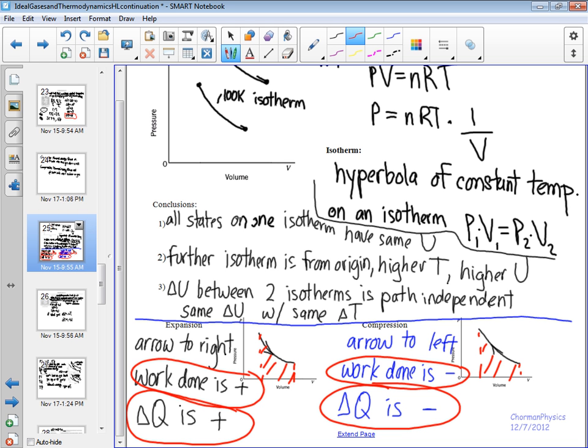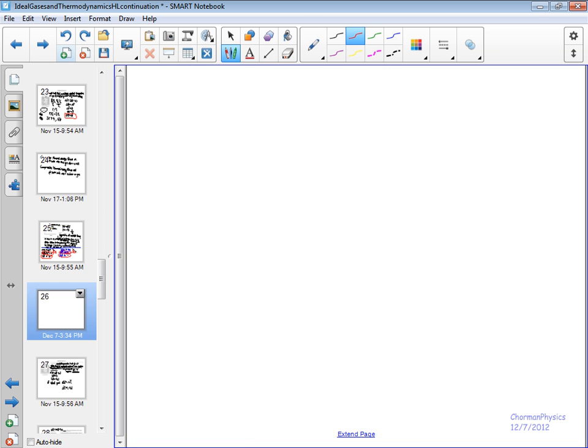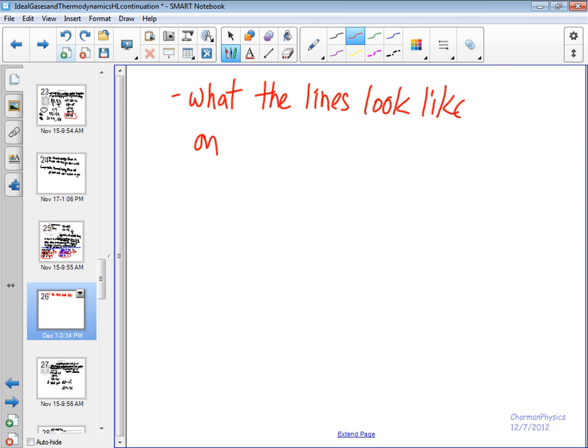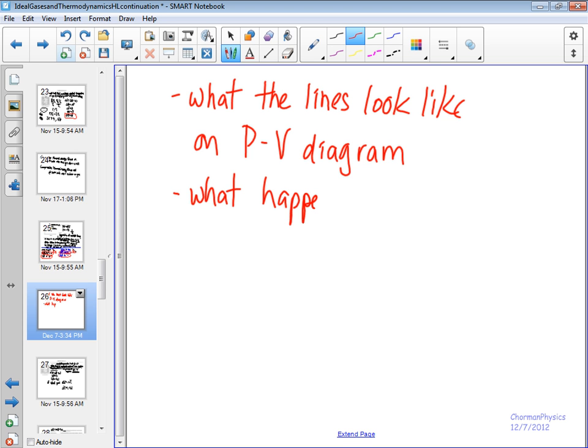Again, the main things that I want you to get out of these processes, okay, are what the lines look like on a PV diagram, okay, and what happens to the first law equation, right?